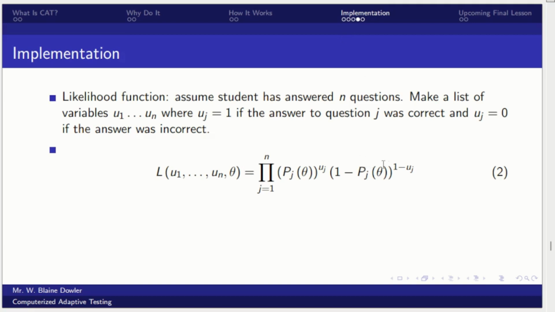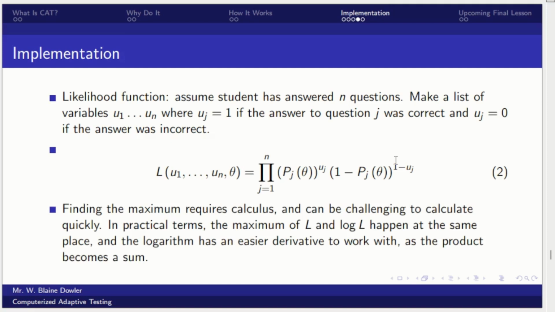And the exponent will either be 0 or 1, depending on whether uj equals 1 or 0, so 1 minus uj, if the question is correct, would bring that exponent to 0, so the whole thing equals 1, and so forth. It's one or the other in our product.